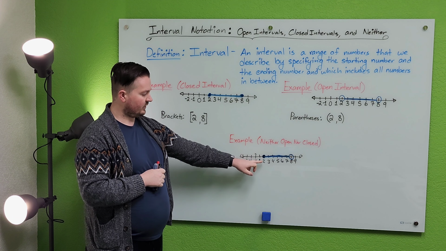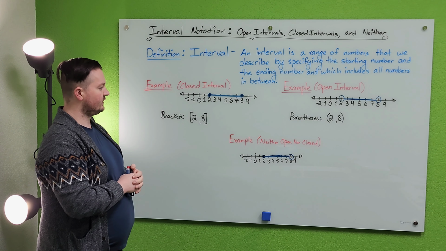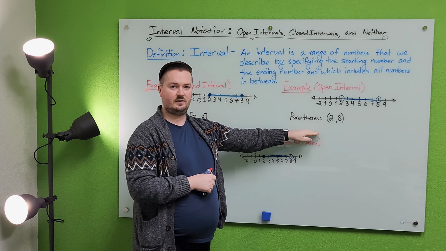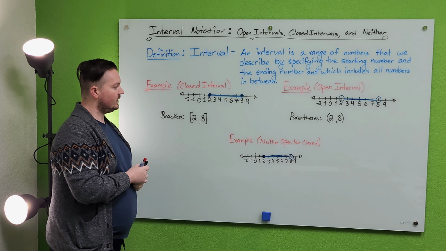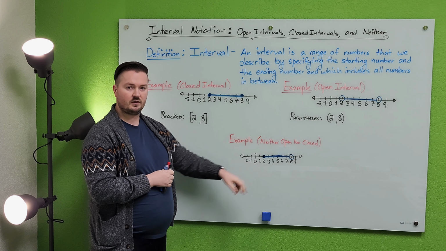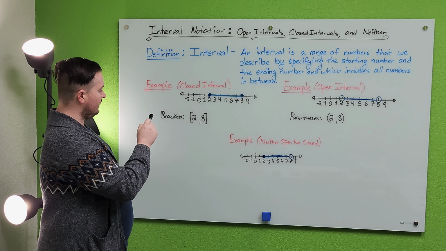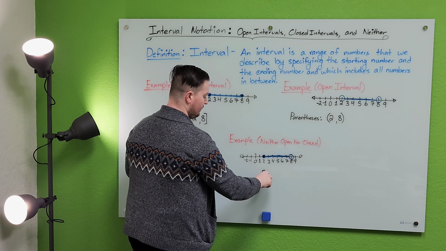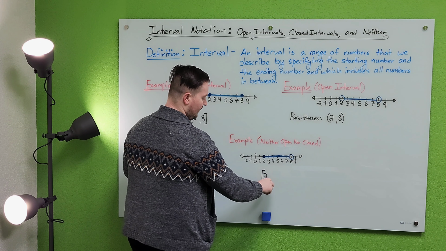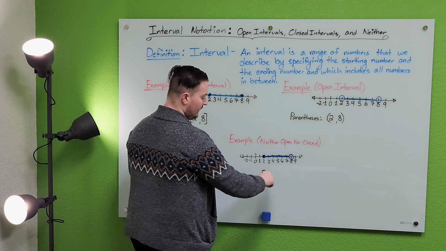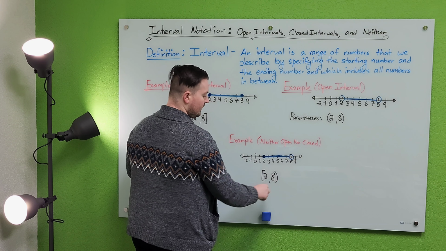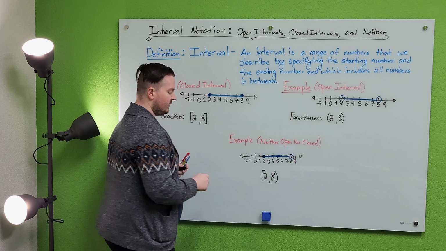And how do we show this in interval notation? Right here, when we're including 2, you should ask yourself, do we use closed interval bracket notation, or do we use open interval parenthesis notation? In this case, since we are including 2, we are going to use the bracket to say we are including 2 and we're starting at 2, and we're going to go all the way up to the number 8, but we are not including the number 8, so we have to put a parenthesis.